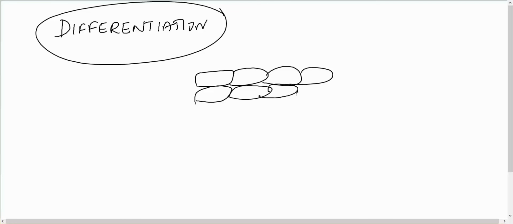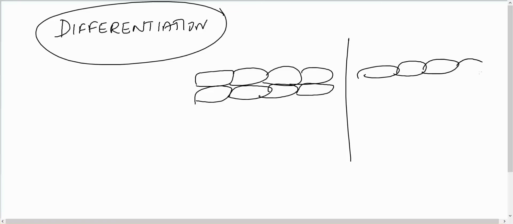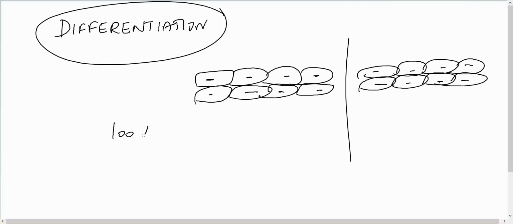So for example, these are the tumor cells in the tumor, and these are the normal cells. If they resemble 100% morphologically and functionally, then we call it well differentiated.